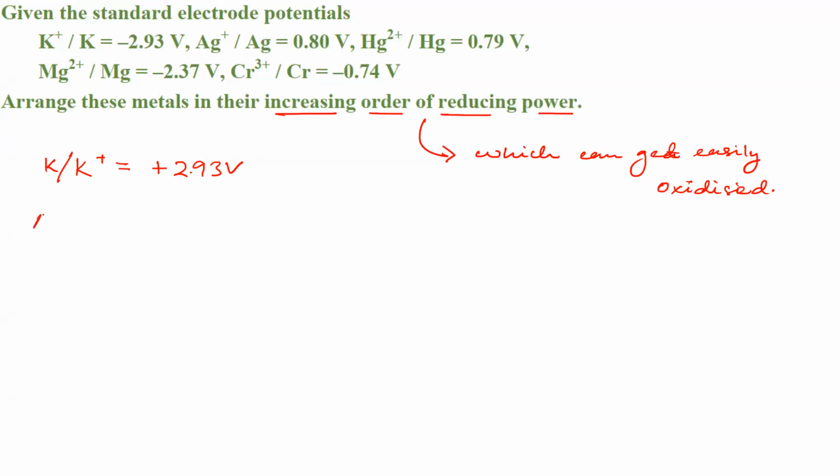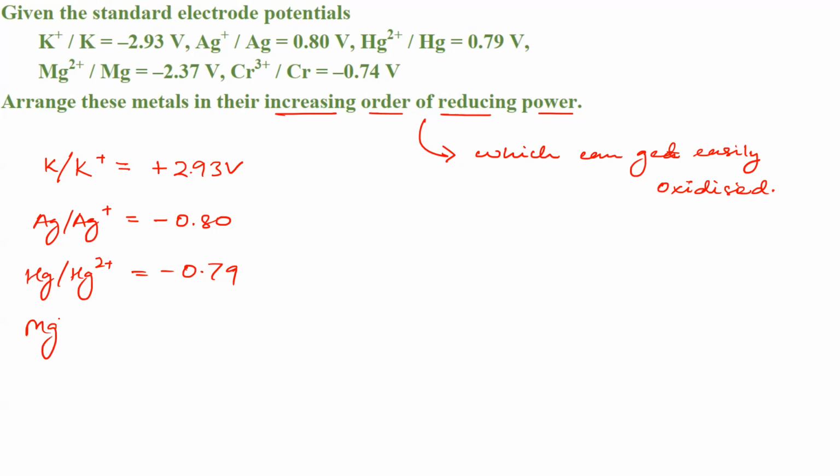If I go from Ag to Ag plus, now we have flipped this reaction, hence the potential will also change, the oxidation potential will be minus 0.80. When I go from Hg to Hg2 plus, this is minus 0.79.